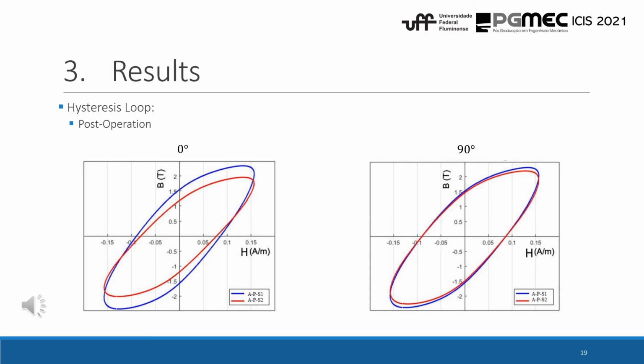Analyzing the hysteresis loop data for the post-operation condition on both surface S1 and surface S2, we can see a high anisotropy for the 0-degree direction, the transversal direction, while the curves obtained for the longitudinal directions are very similar.